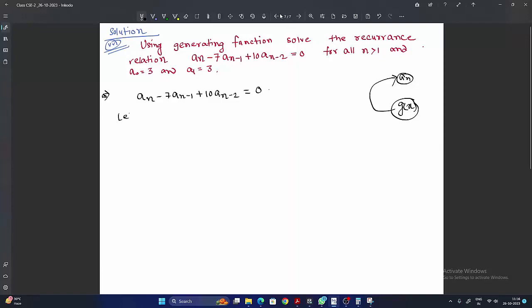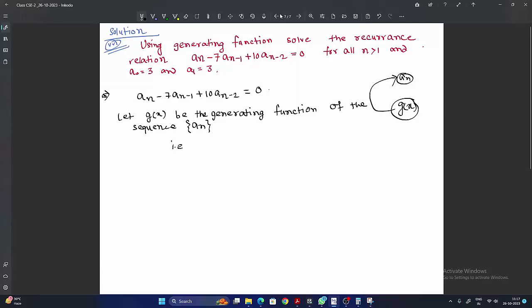And let G(x) be the generating function of the sequence a_n.